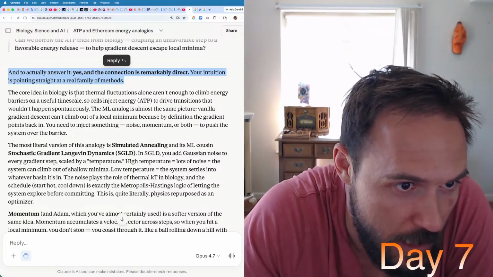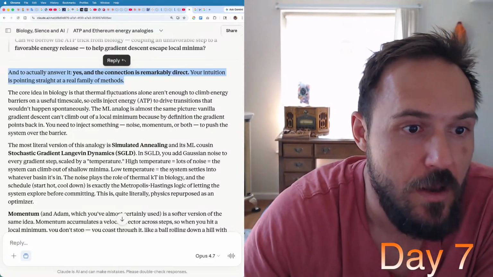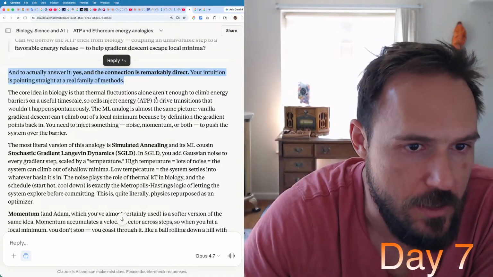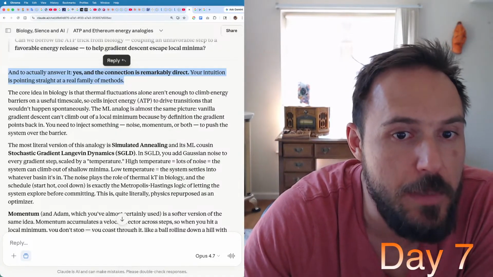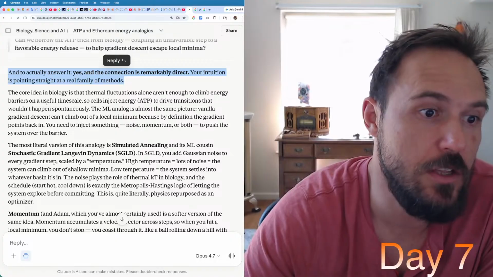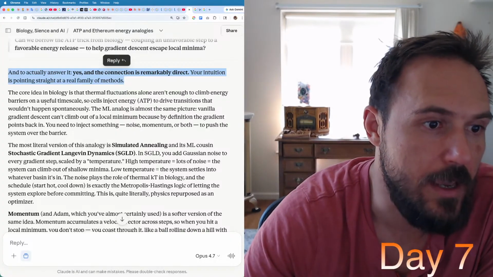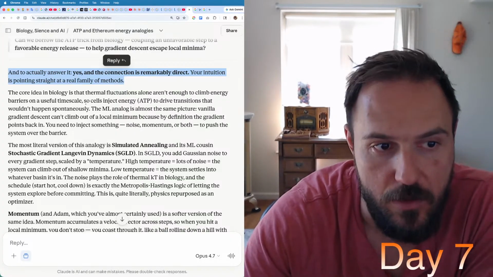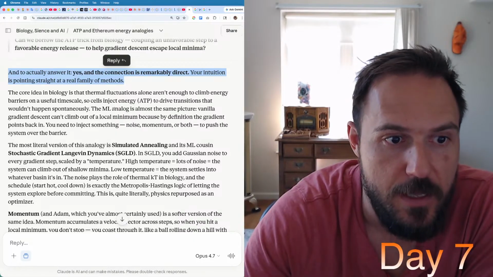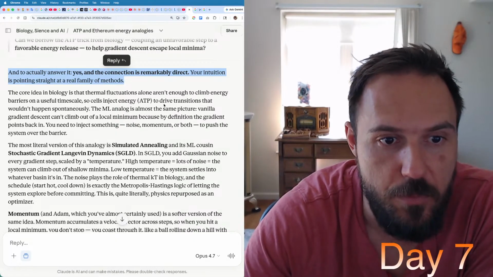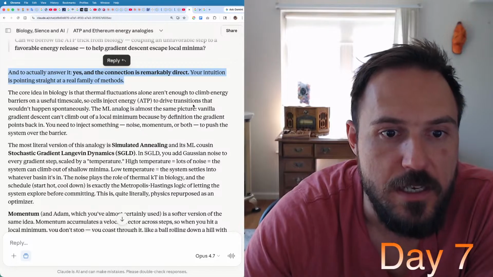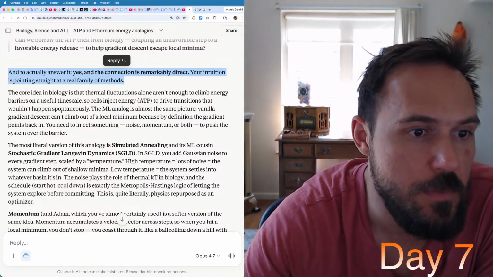The core idea in biology is that thermal fluctuation alone isn't enough to climb energy barriers on a useful time scale. So cells inject energy, ATP, to drive transitions that wouldn't happen spontaneously.